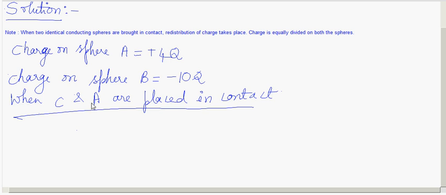When C and A are placed in contact, A has charge but C is uncharged, so this charge of A equally divides between two spheres.